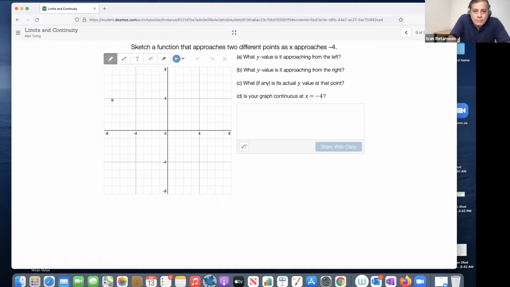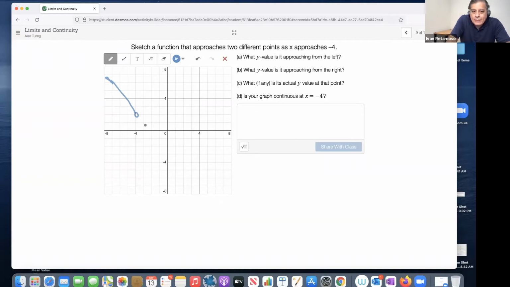Well, one function that I could think of perhaps could be, let's say I want to approach this way here. If I approach the input value -4 from the left, look at my output values. They're going to this number 2.